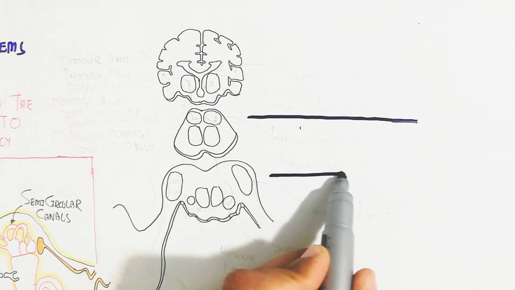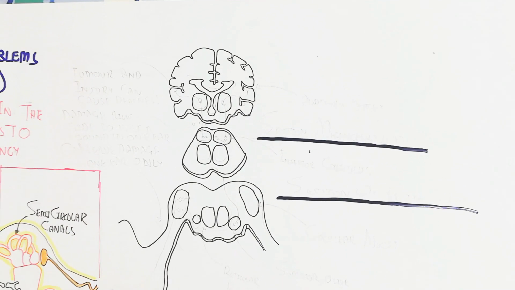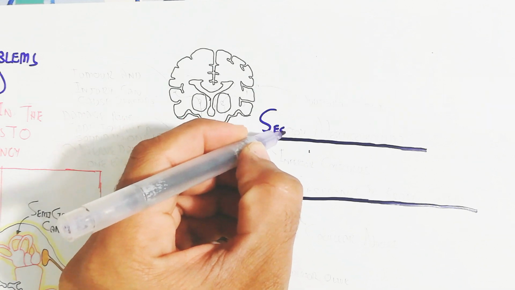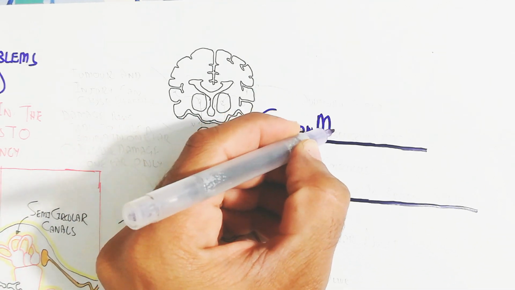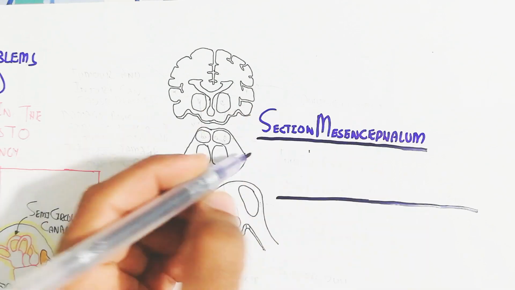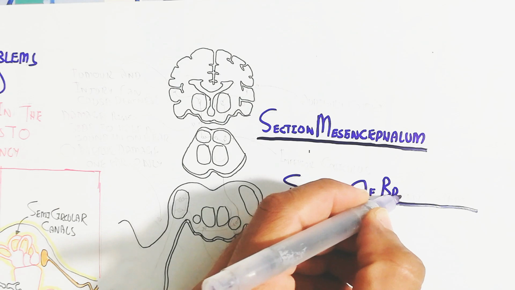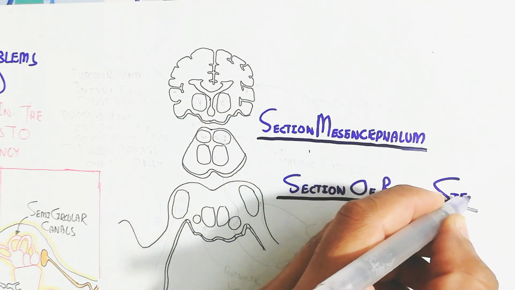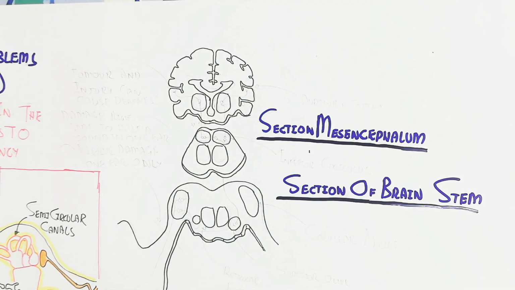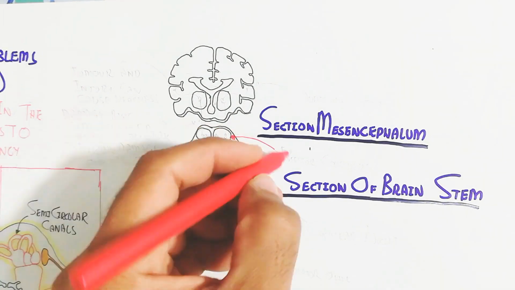Let's begin to understand the cross section of the brain, the section of the mesencephalon and the section of the brainstem, where the nuclei are present and what the pathway of audition, the auditory pathway, is.